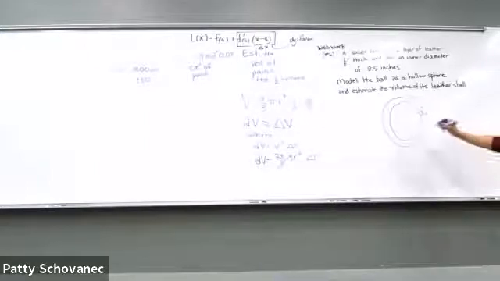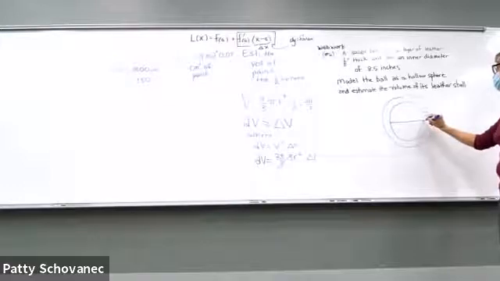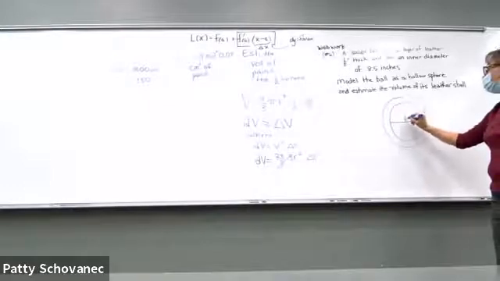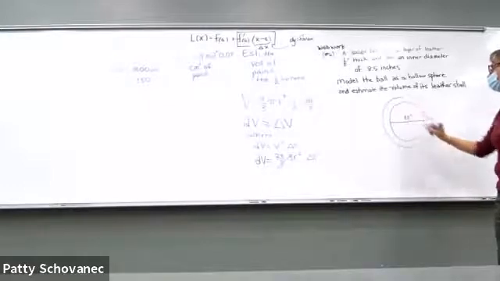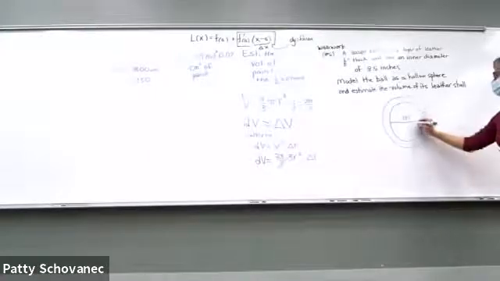And we're also told the inner diameter is 8.5 inches. So the inner radius is half of that, 4.25 inches.